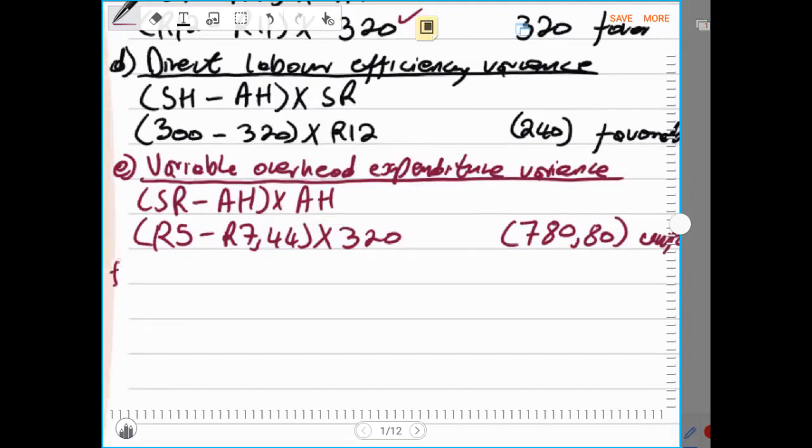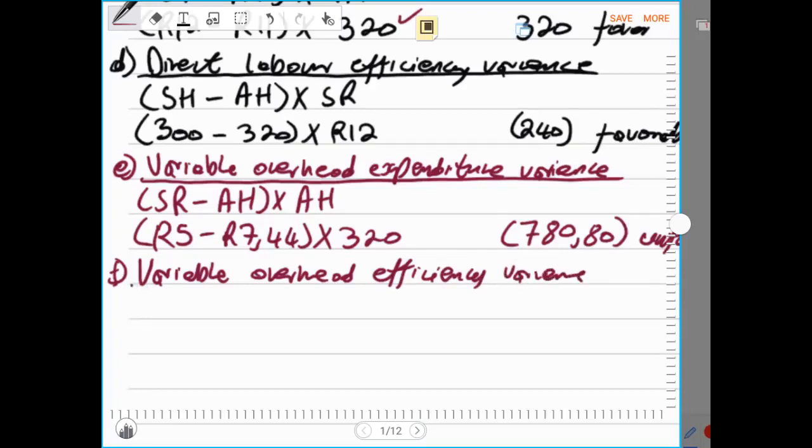Then we go to the variance before the last, which is the variable overhead efficiency variance. It will be very similar once again to the one of labor.